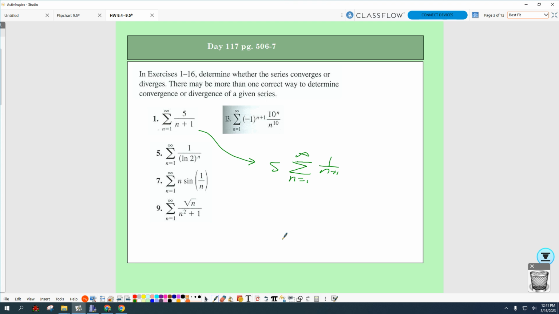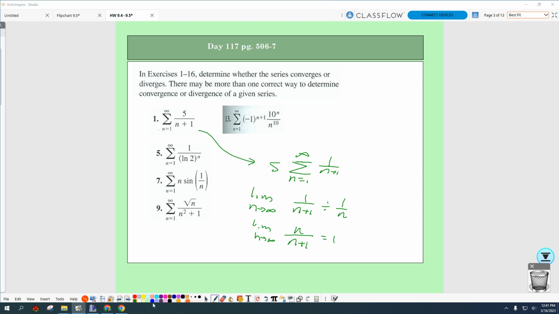With confidence, yeah. We can compare it to 1 over n, and then use p-series, such that it diverges. So doing limit comparison, because this doesn't quite fit the p-series. I know that it's going to diverge by p-series, but that +1 underneath ruins everything.